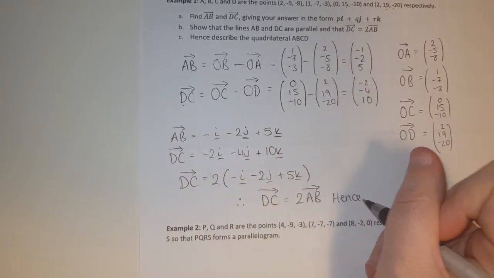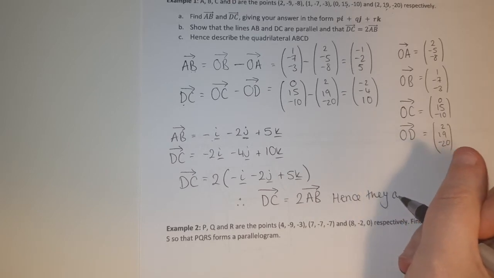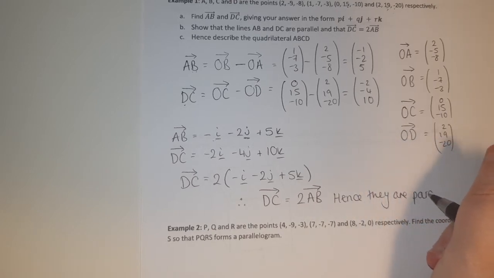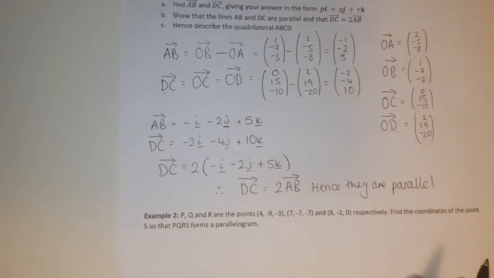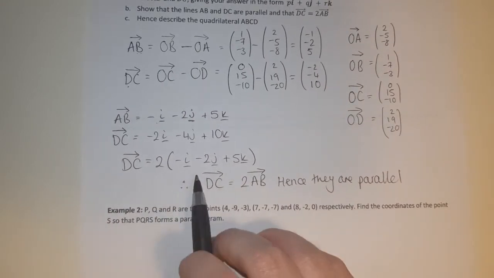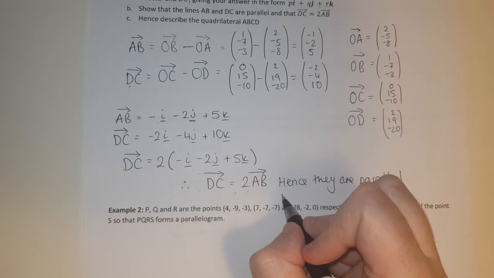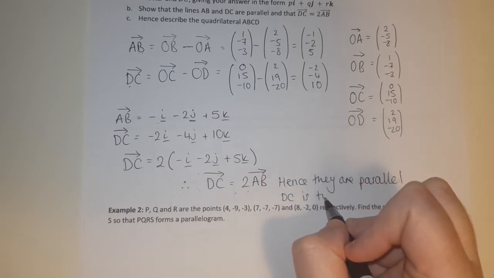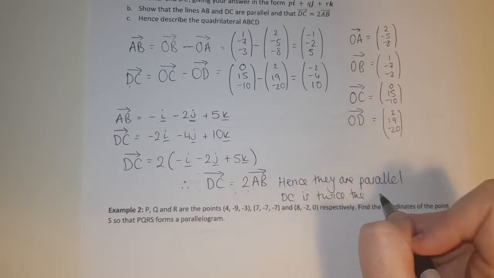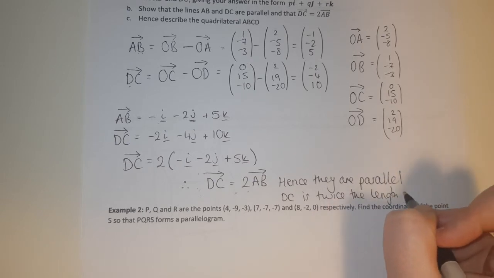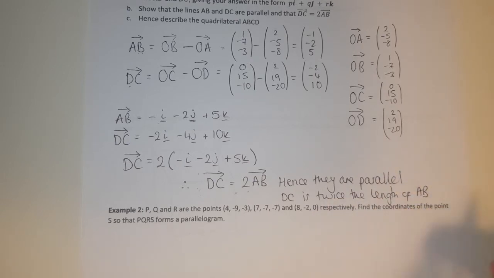Hence, they are parallel. So remember, from GCSE, 2 vectors are parallel if they're just multiples of each other. So it just means DC is twice the length of AB.